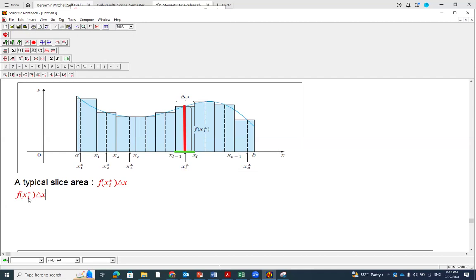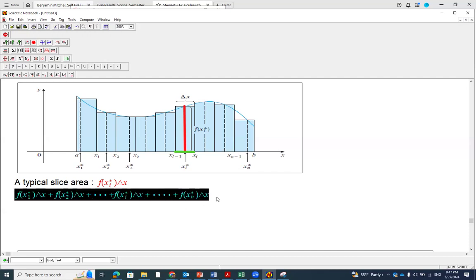The first one is f of x1 star, plus the second one, which is of the second rectangle, f of x2 star, all the way to f of xi star, and all the way to the nth rectangle. So this is the nth.